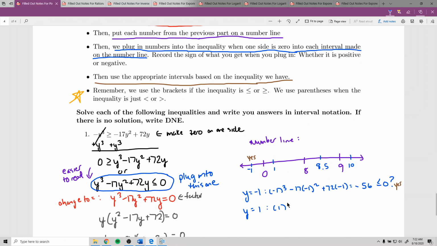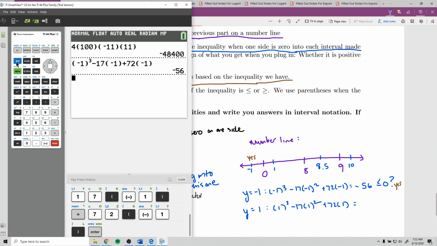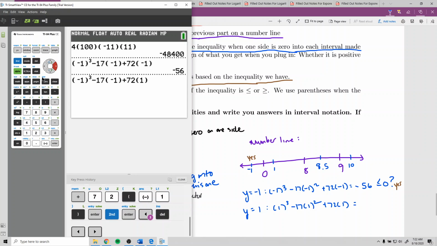We're going to plug in 1. We get 1 cubed minus 17 times 1 squared plus 72 times 1. The advantage of having a calculator when you plug it in, aside from not having to do this by hand, is you can just second enter to copy what you plugged in and then just fix the numbers.